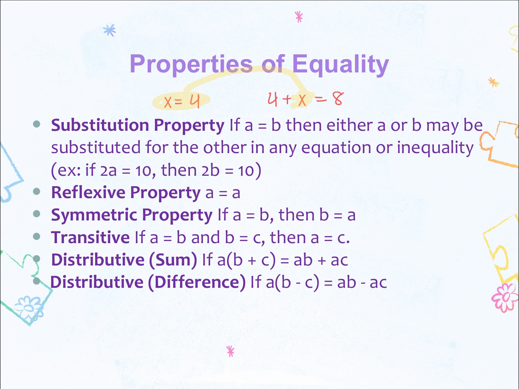That's substitution. If you've heard of the word plugging in, it's the same thing. Substitution, plugging in, letting something be equal to something else because they're giving it to you. That is substitution.